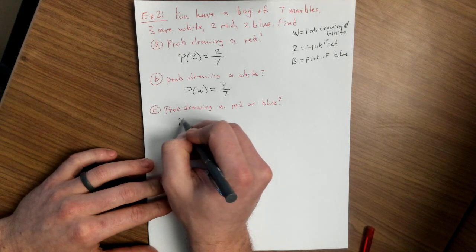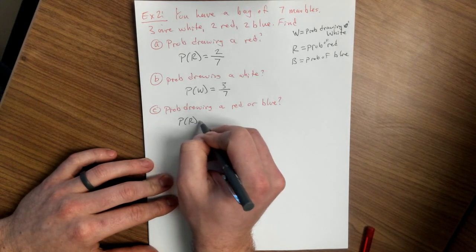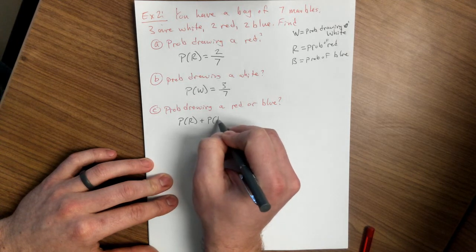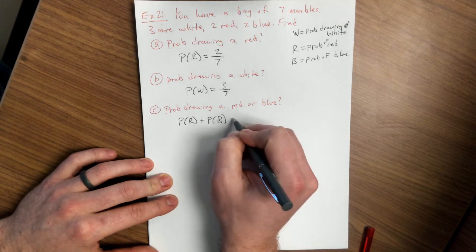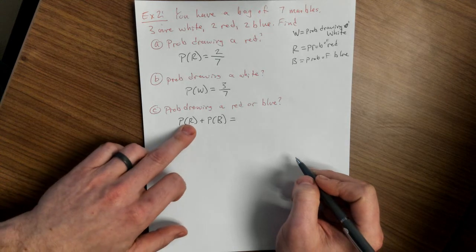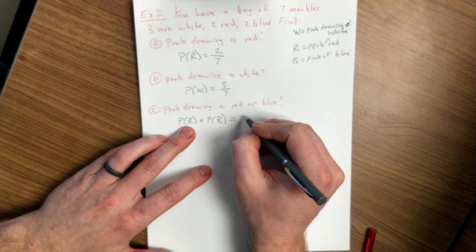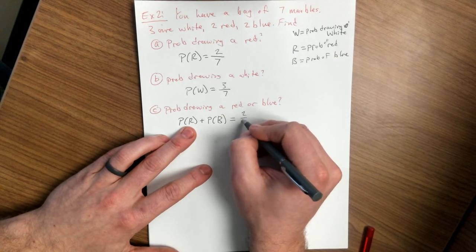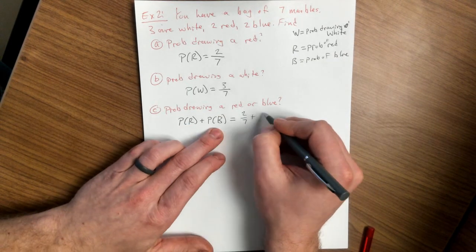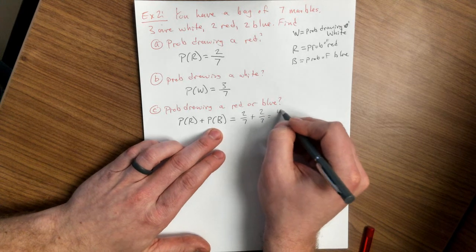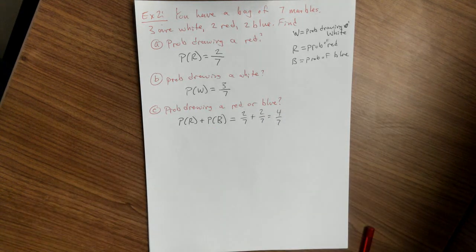So here we can say the probability of R plus the probability of B. So the probability of a red plus the probability of drawing a blue is equal to, so P of R is 2 out of 7 plus P of B is 2 out of 7, which is 4/7. That's it for now.